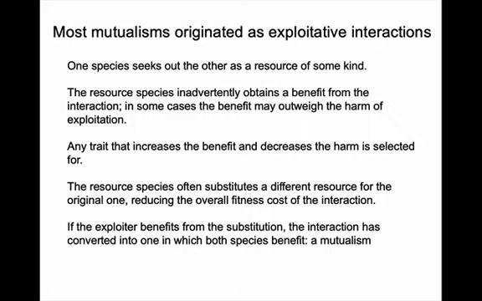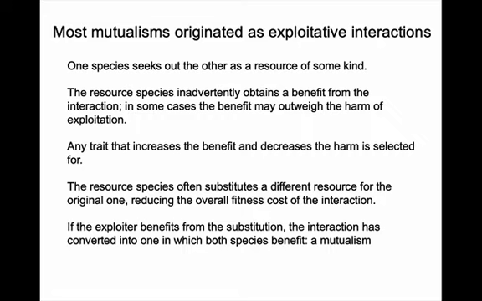And so that helps the pollinator move, and it also decreases the probability that the pollinator will just eat all the pollen in the plant. So the plant has to invest some energy, but on the other hand, it has to make less pollen because more of the pollen is transferred to other plants and less is eaten. Now, if that benefits the exploiter as well, then suddenly you've got a mutualism.